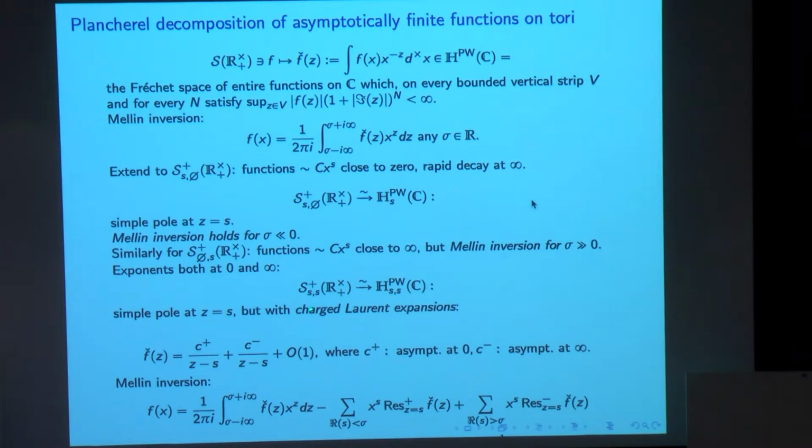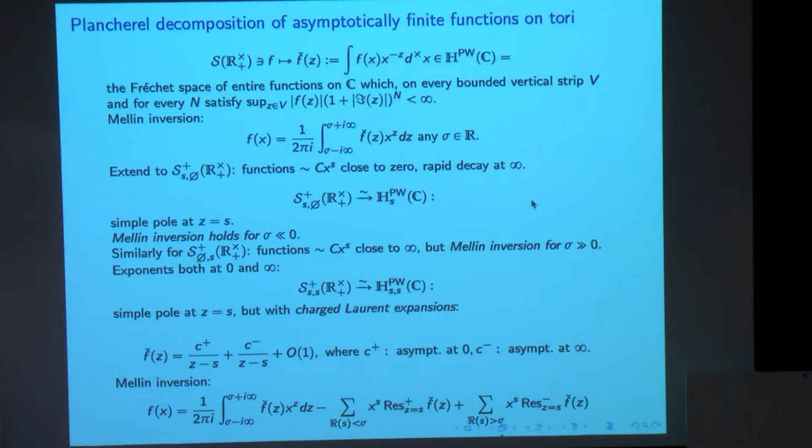So the way to separate them is to include as part of the data of our Paley-Wiener space not just the meromorphic function, but also charges on its Laurent expansion. Namely, we will split the polar part of the Laurent expansion into positive and negative, and then we will account for it when we come to Mellin inversion. An example is, take the constant function.